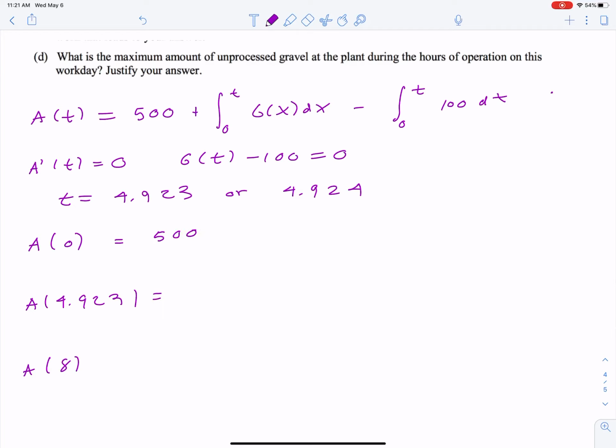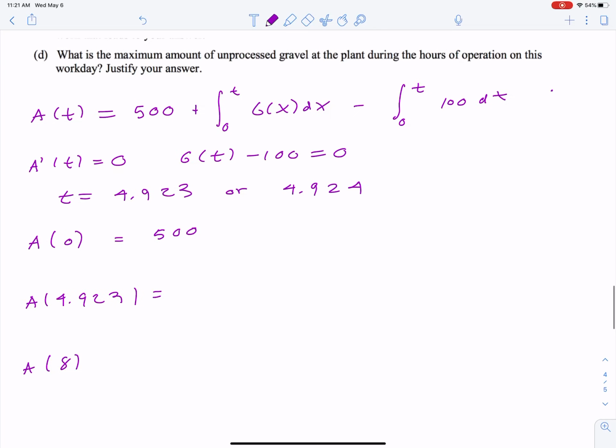At A of 4.923, if I plug that into my calculator, just to show you what I'm doing, this is going to be 500 plus the integral from 0 to 4.923 of G of T.